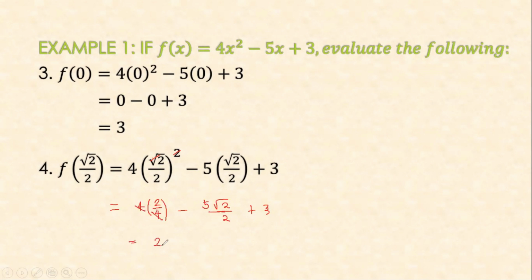So therefore, we have 2 minus 5 square root of 2 over 2 plus 3. Combine the constant. Therefore, we will have negative 5 square root of 2 over 2 plus 5. So that's the answer.